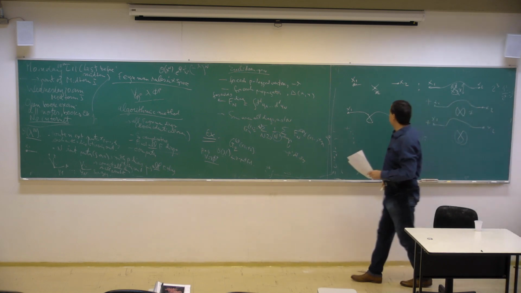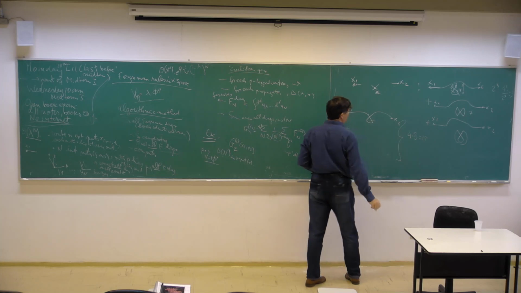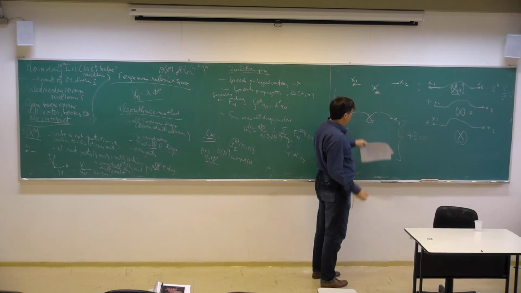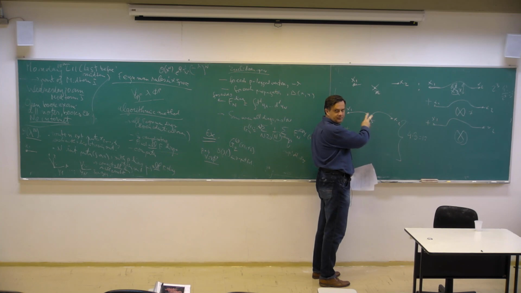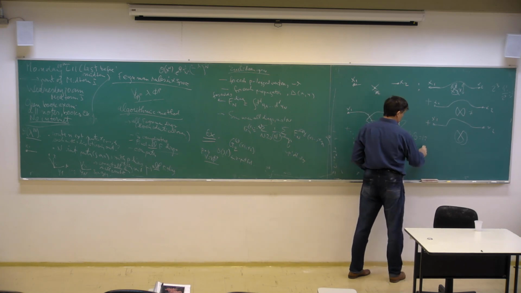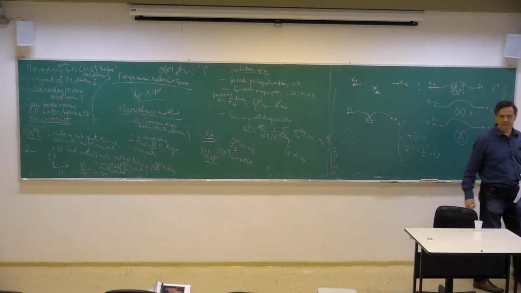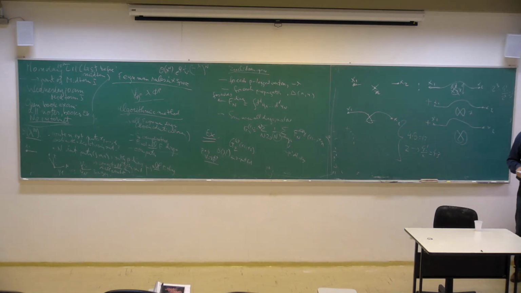And here I have just the symmetry of this thing changing like this, so just a symmetry factor of 2, which means I have 4 factorial over 2, which is 4 times 3 diagrams. So that's correct, right? Okay.